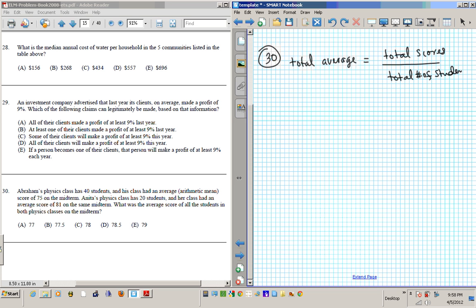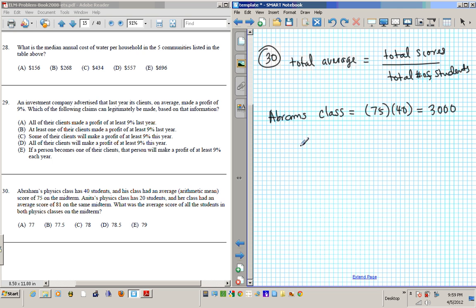Okay? Alright, so what are the total number of scores? In Abram's class, to get a total number of scores, you're going to multiply the average by the number of students. So it's going to be 75 times 40. This will give us the total scores in Abram's class, and that is going to be 3,000.